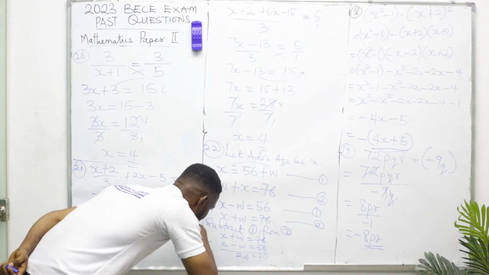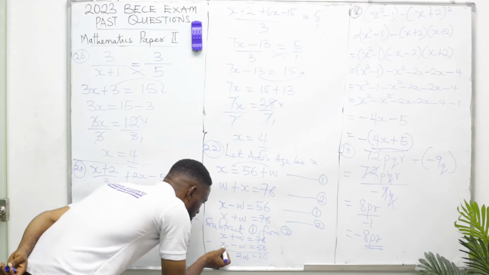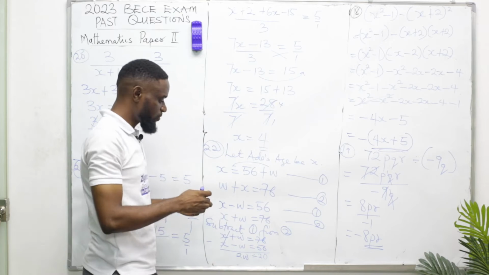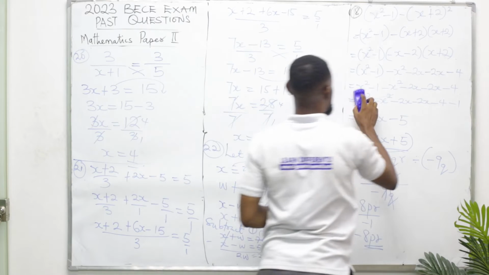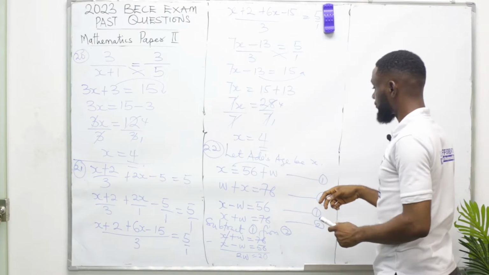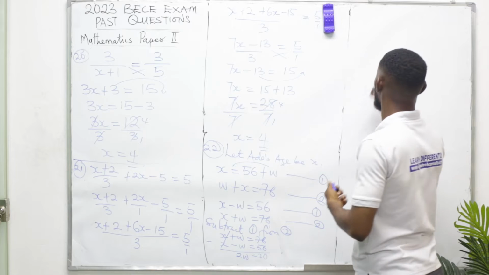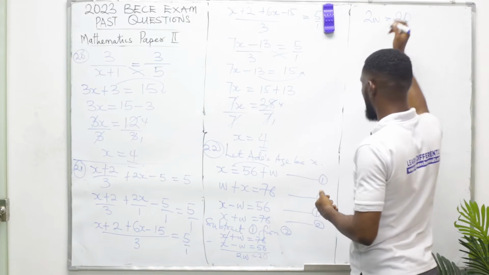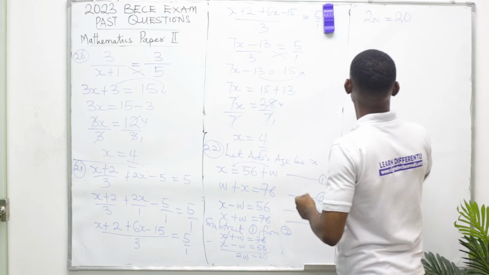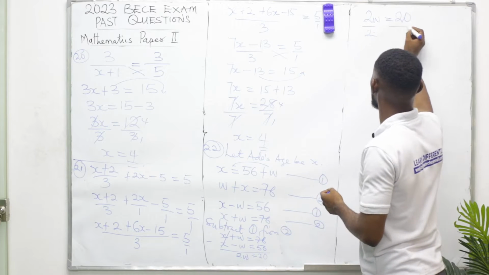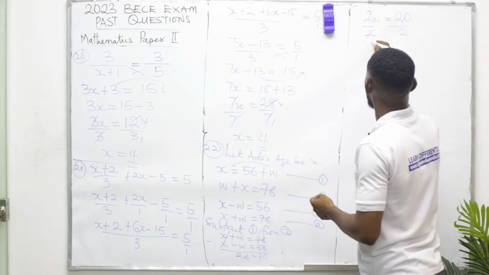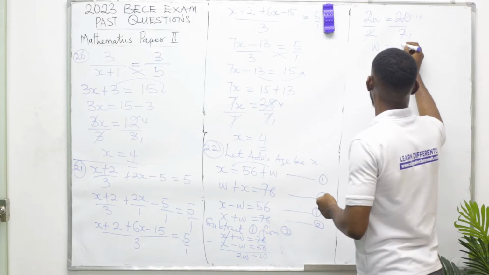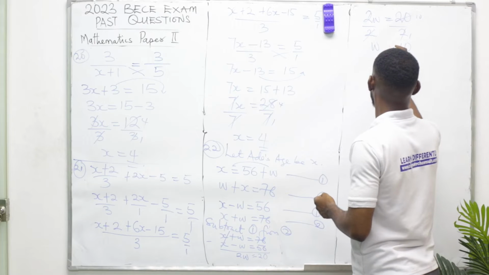X minus X gives us 0. So we have 2W is equal to 20. That means divide by 2, it means W is equal to 10.